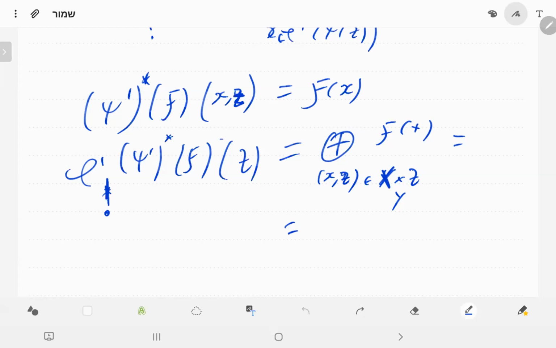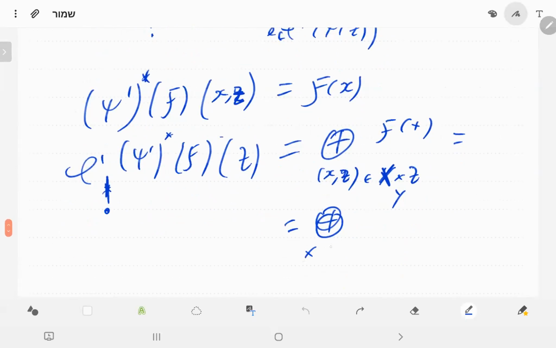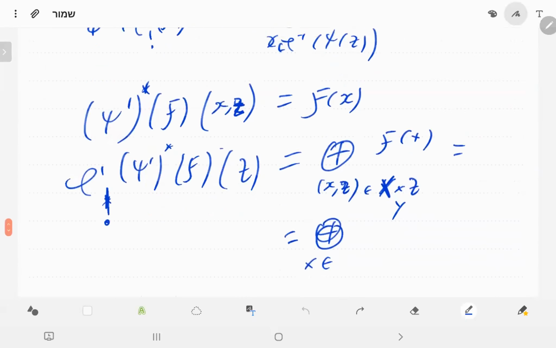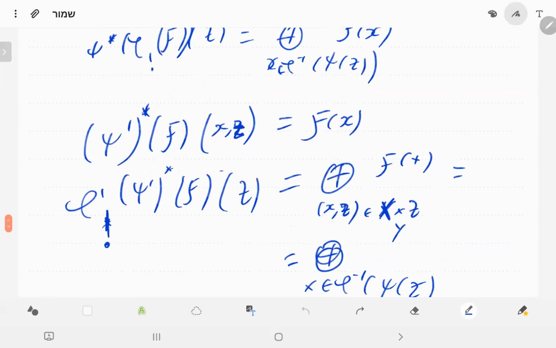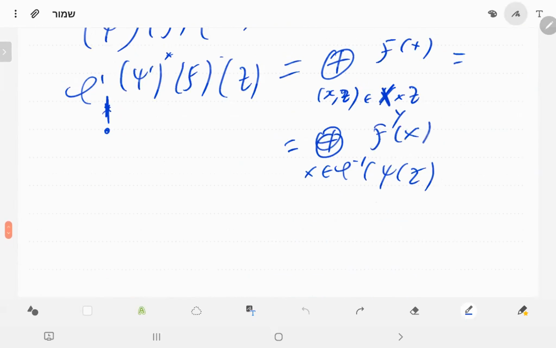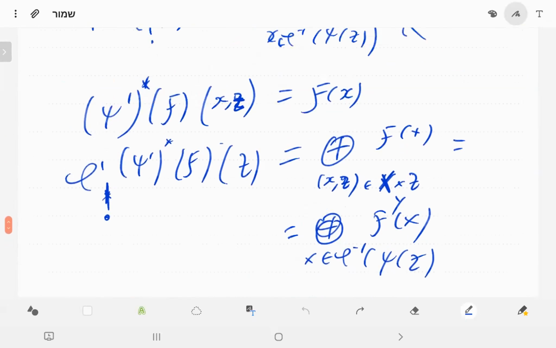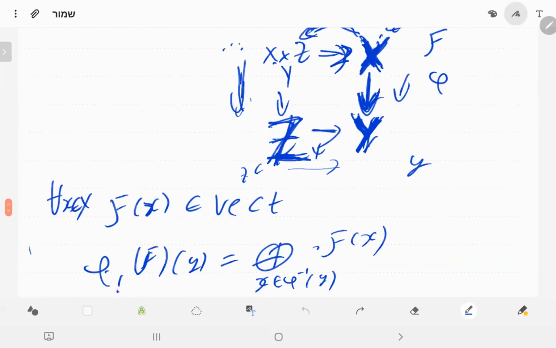It's the same as all points of X such that if you apply phi to them, you get psi of z. So phi inverse of psi of z. And this is exactly what we get here. So we use maybe the most important property of the fiber product, that it does not change the fiber: if we have a fiber product, the fiber of a point z here is the same as the fiber of psi of z here.